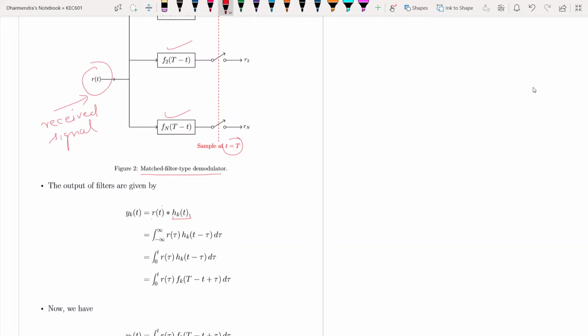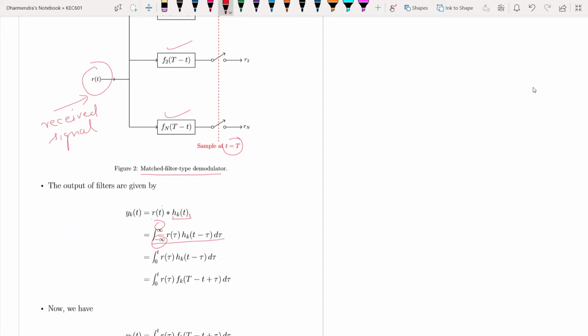This can be written in integral form like this: integration from minus infinity to plus infinity of r of tau times h k of t minus tau d tau.